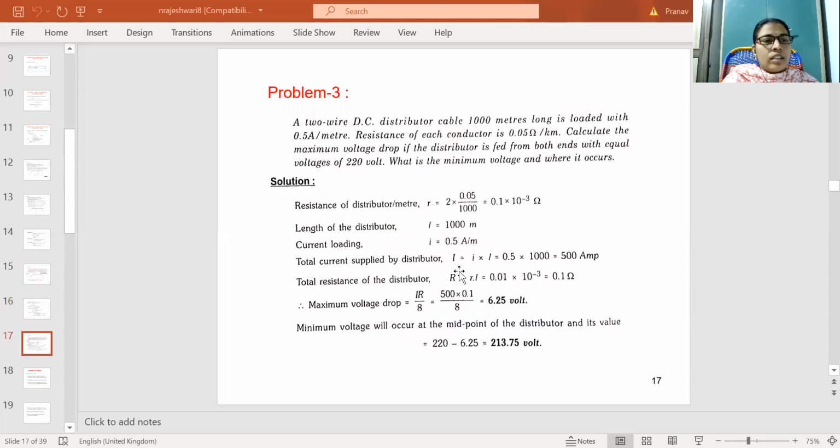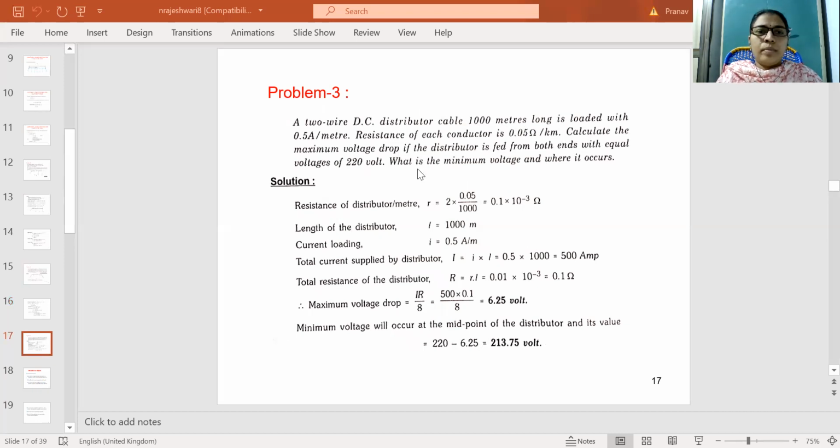So coming to the next problem, this is a uniformly loaded problem. A two-wire DC distributor cable 1000 meters long is loaded with 0.5 amperes per meter, and the resistance of each conductor is 0.05 ohm per kilometer.